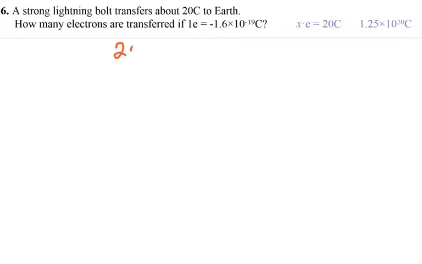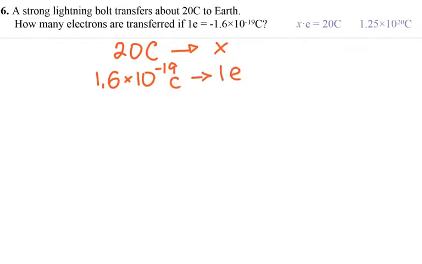You have 20 coulombs, and you do not know how many electrons they are, but 1.6 × 10⁻¹⁹ coulombs is 1 electron. So if you have a proportion like this, what you do is cross multiply.